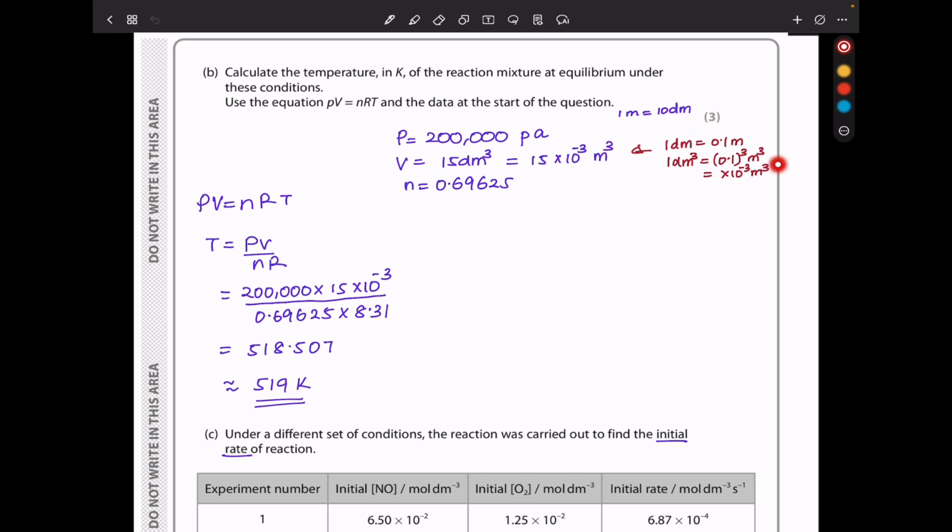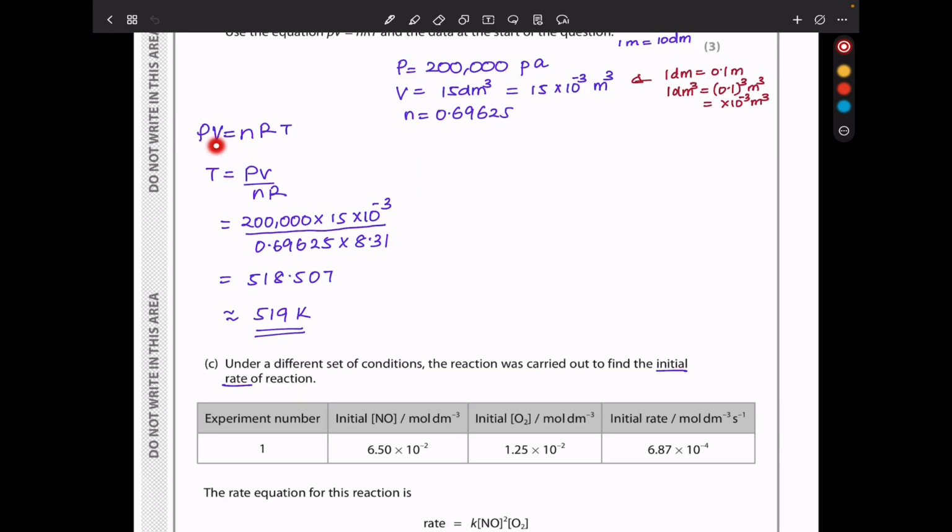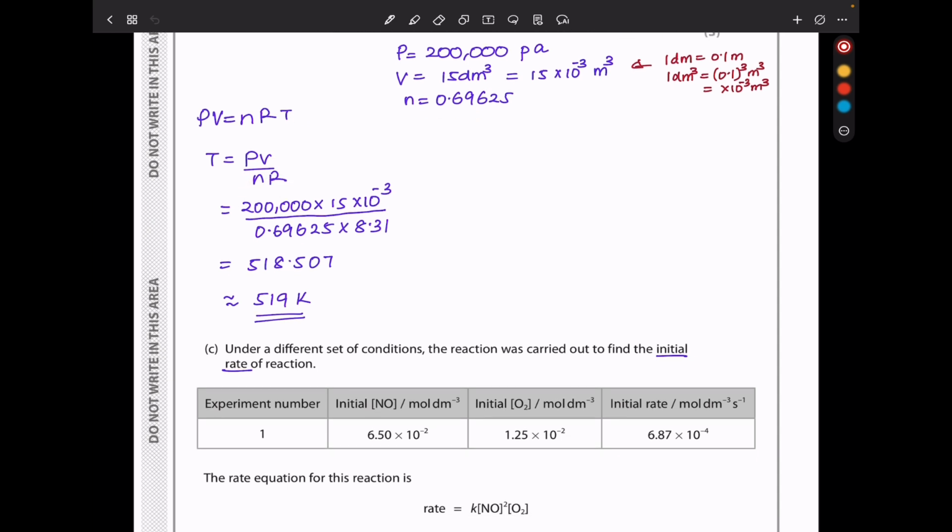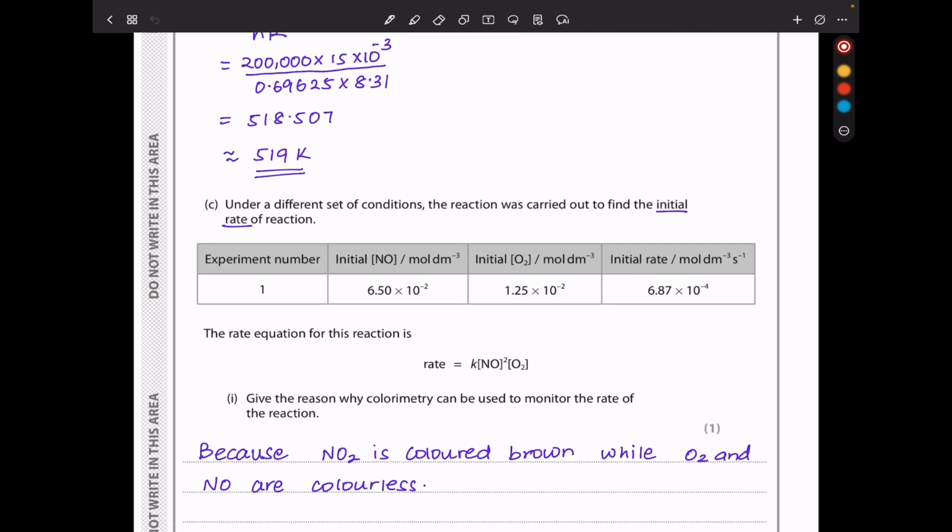And the number of moles are 0.69625. So to make temperature the subject, temperature should equal PV over nR, which is 200,000 times 15 times 10 power negative 3, divided by the number of moles and the R value. And I got 518.507, which is rounded off to 519 Kelvin as my answer.